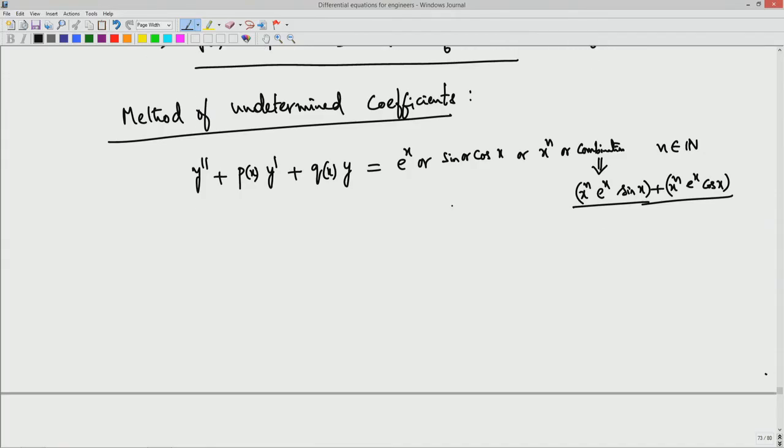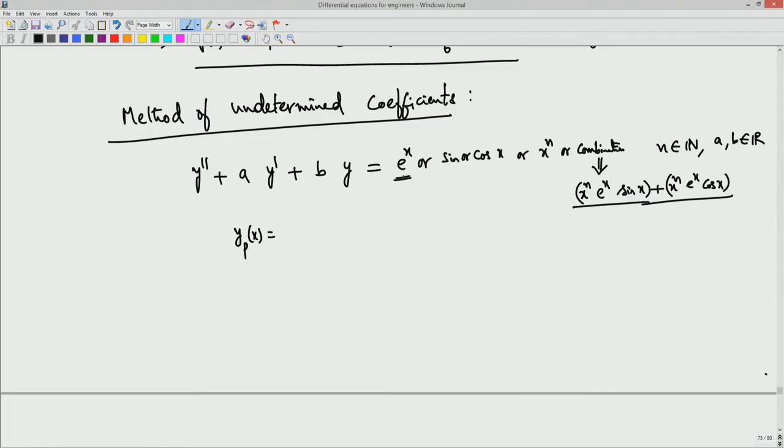So what we do in the method of undetermined coefficients is look for a certain form. Suppose these functions are given with constants, let us say a and b are constants. If your right hand side is e^x, you look for some form, assuming y_p(x) is of some form.